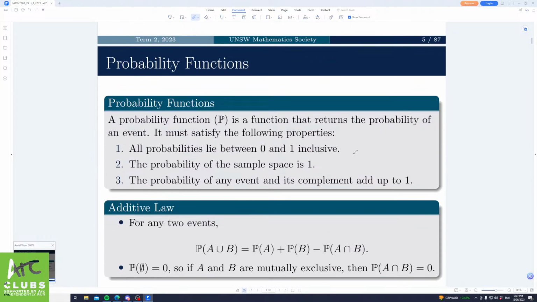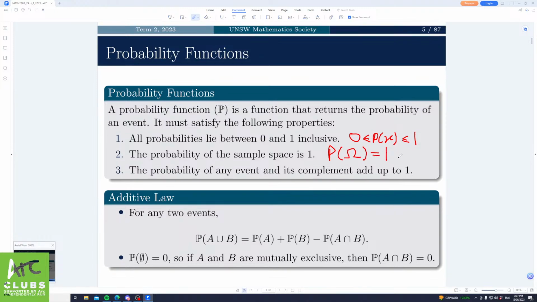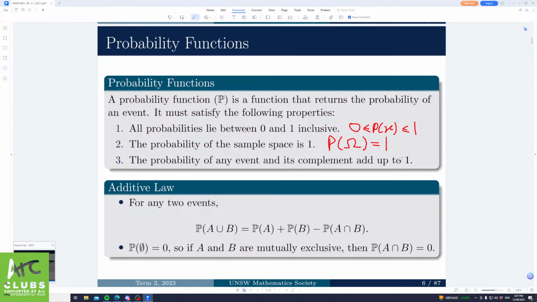Probability functions. So probability itself, like P of X, is a function, and it has to satisfy 3 properties. The first property is that all probabilities lie between 0 and 1, inclusive. The probability of a sample space is 1, and that should be pretty obvious because the sample space covers every single outcome, and you're bound to get one outcome from your experiment.